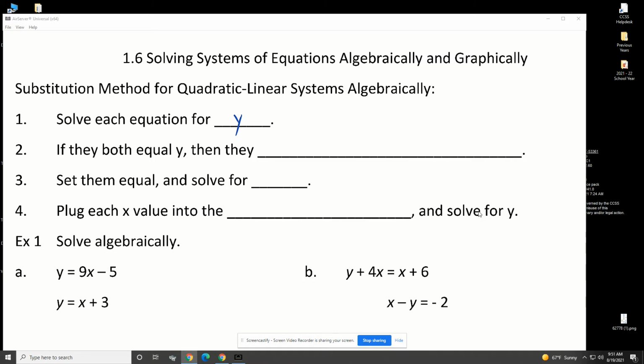That's pretty easy, right? Now, I want you guys to use your brains for a second. If I've got two equations and they are both equal to y, what has to be true? They're equal to each other, right? If they're both equal to y, then they have to equal each other.